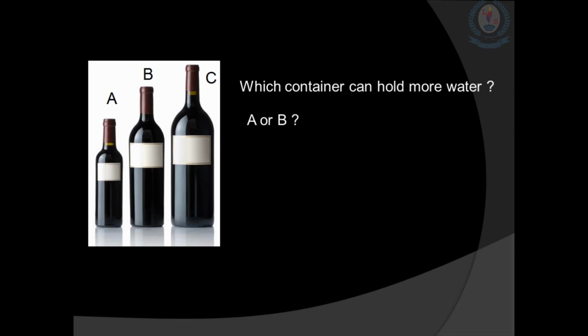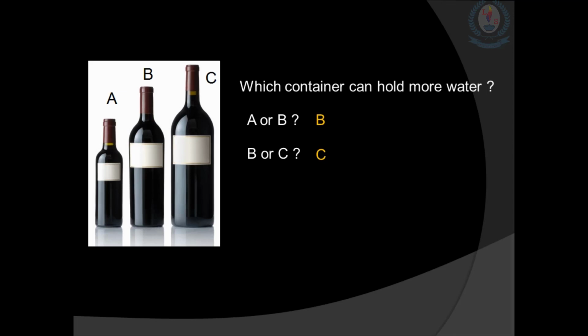When we take container A and B, which container can hold more water? Container A or container B? It is clear that container B can hold more water. When we take container B and C, it is clear container C can hold more water.